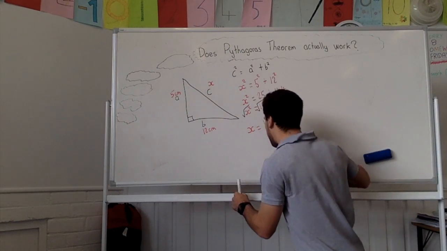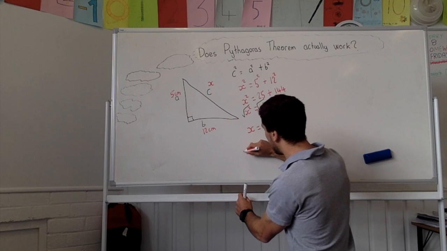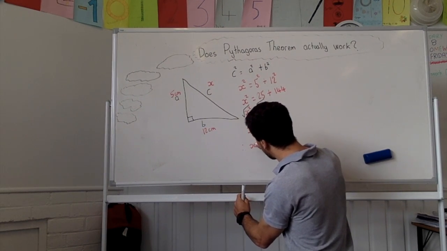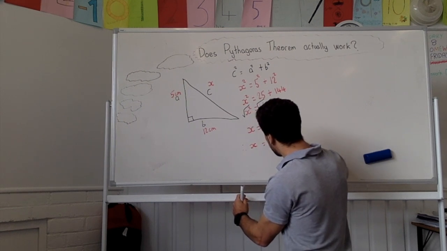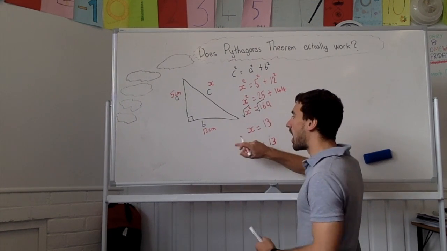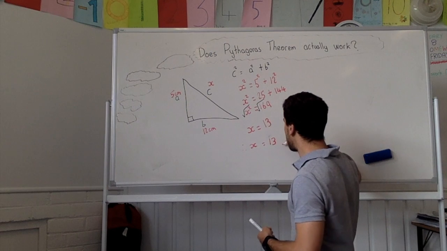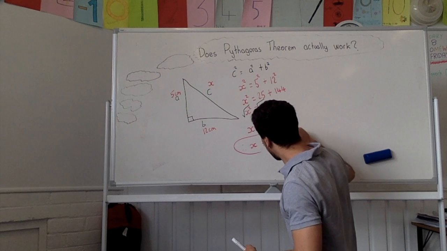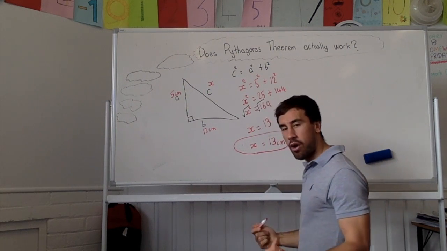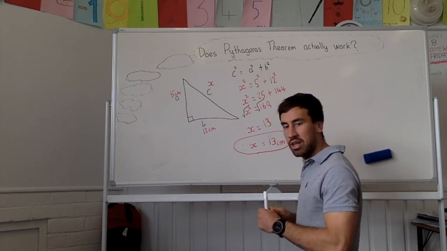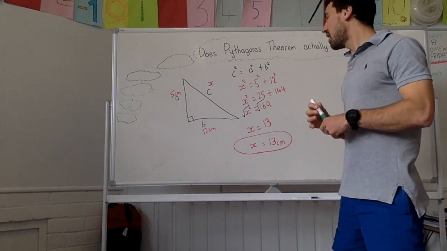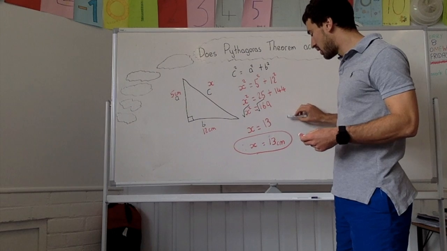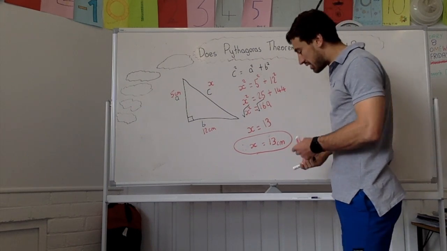Therefore, X equals 13, and what's our unit? Centimetres. Make sure you include centimetres. Going to circle our final answer there as well, so it's clear. And as you can see, we've worked through all of these steps here. Fantastic.